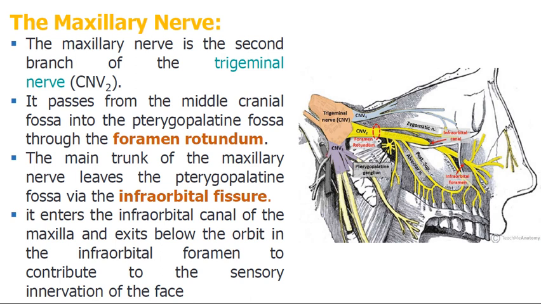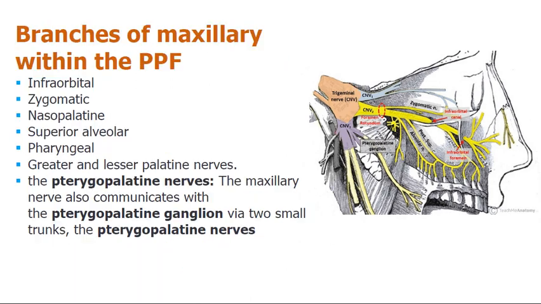So the maxillary nerve, as we mentioned, supplies sensory to the region there by its branches. For example, we have alveolar branch, zygomatic branch, and also infraorbital branch. These branches of the maxillary nerve, all of them are sensory. Keep in your mind, there is no motor component here.